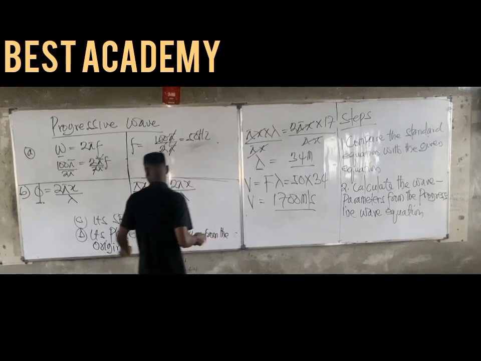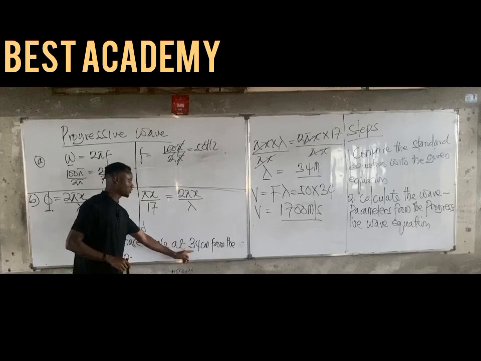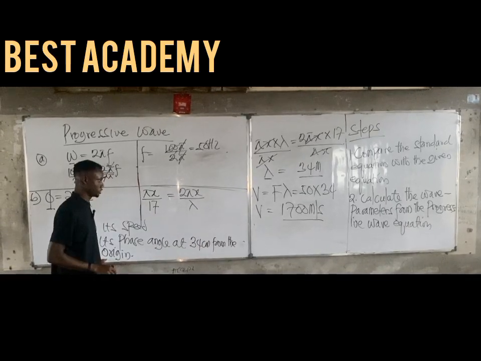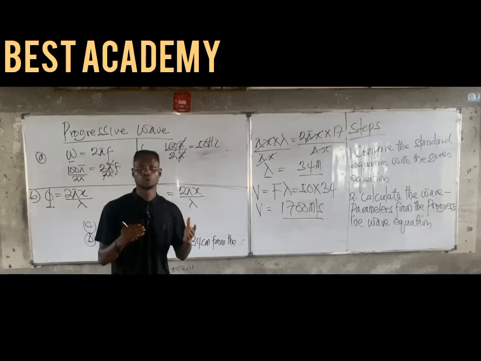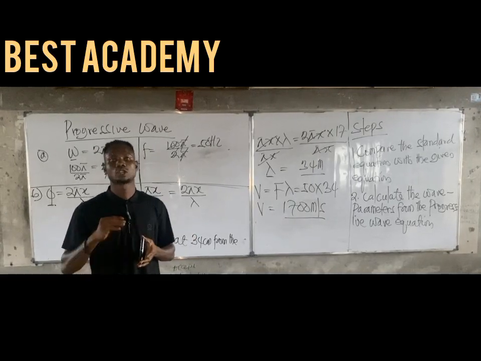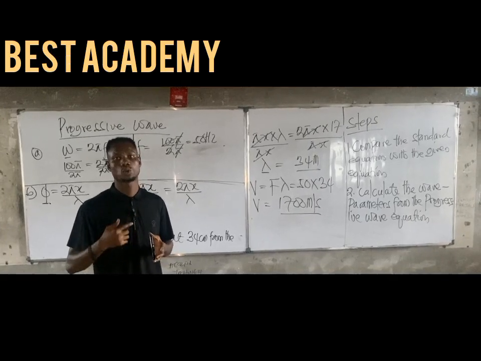Now the last one here is its phase angle at 34 cm from the origin. Now I told you guys that whenever there is a reference to the origin, it means that that particular waveform should be sine. Please take note. Or whenever t is equal to 0.